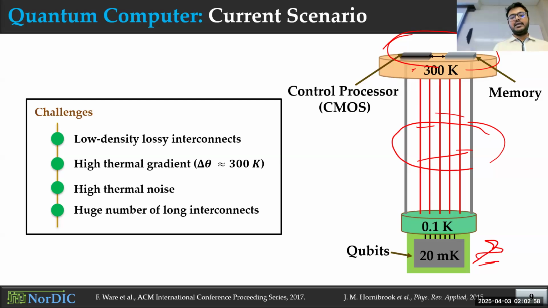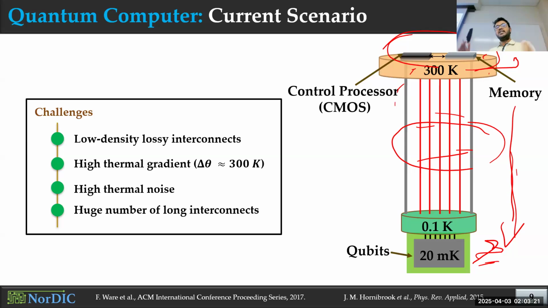And another challenge is there when you use these wires and interconnects. These wires have a large temperature difference between the two ends. At one end, it is 300 Kelvin, and at the other end, it is millikelvin. So the temperature difference is almost 300 Kelvin, right? That will cause heat dissipation. We know that heat always dissipates from high temperature to low temperature. So thermal noise will actually dissipate to the qubits through these wires.